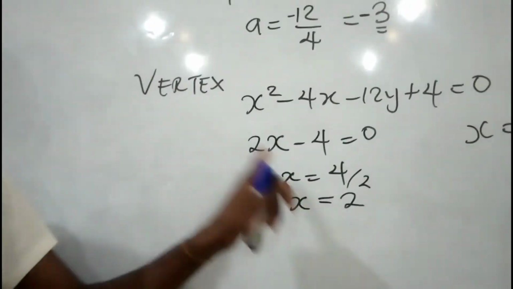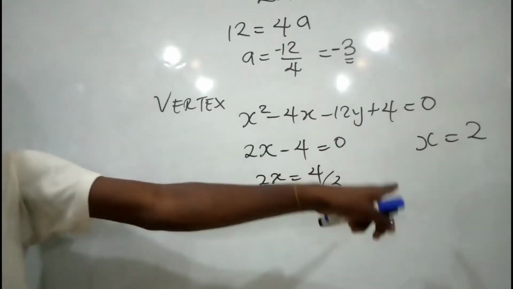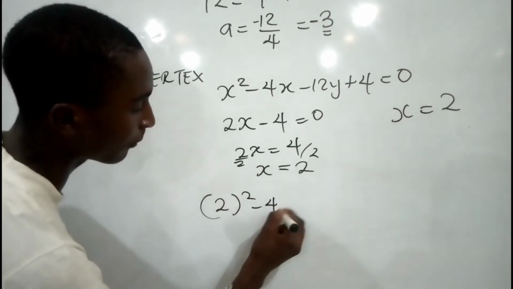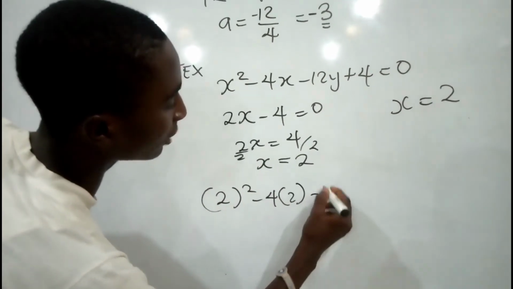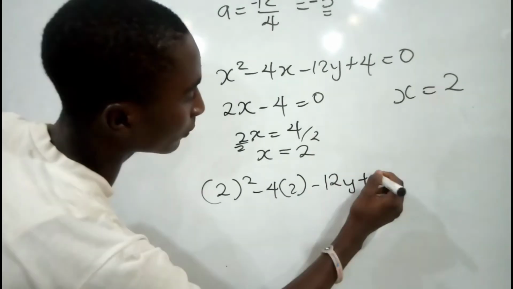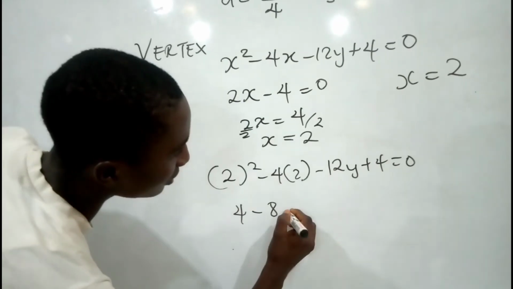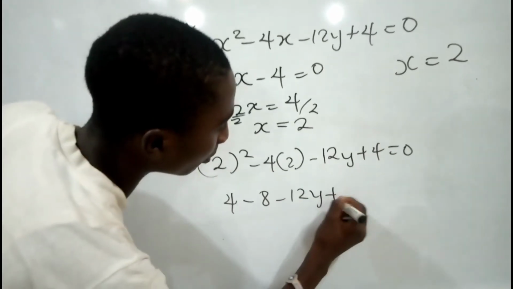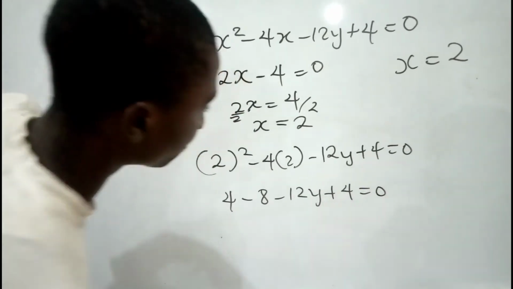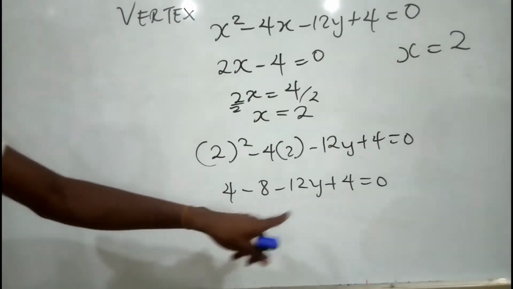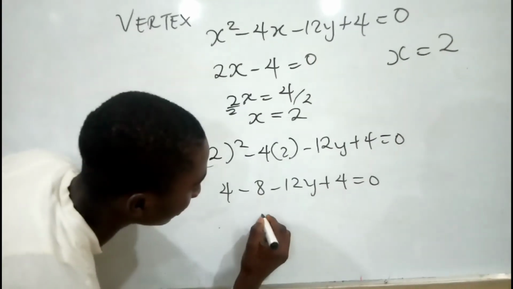Since x is equal to 2, you substitute the value of 2 in the equation. Then I'm having 2 squared minus 4 times 2 minus 12y plus 4 is equal to 0. This is 4 minus 8 minus 12y plus 4 is equal to 0.